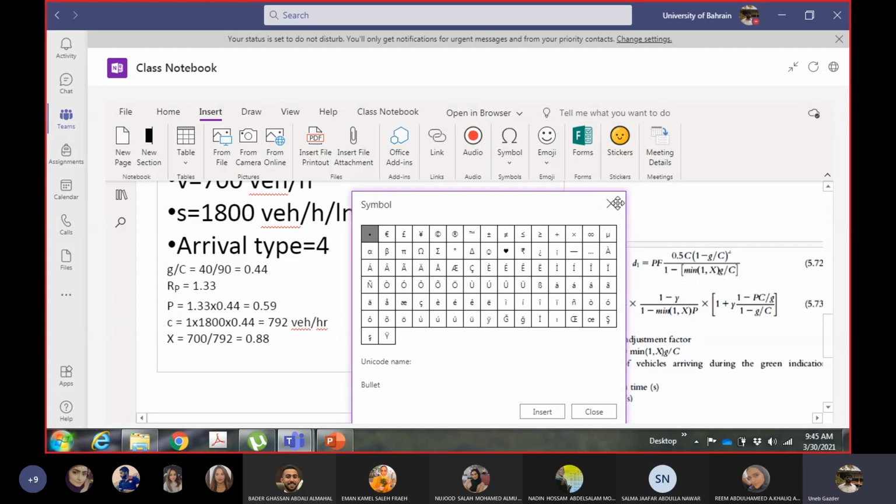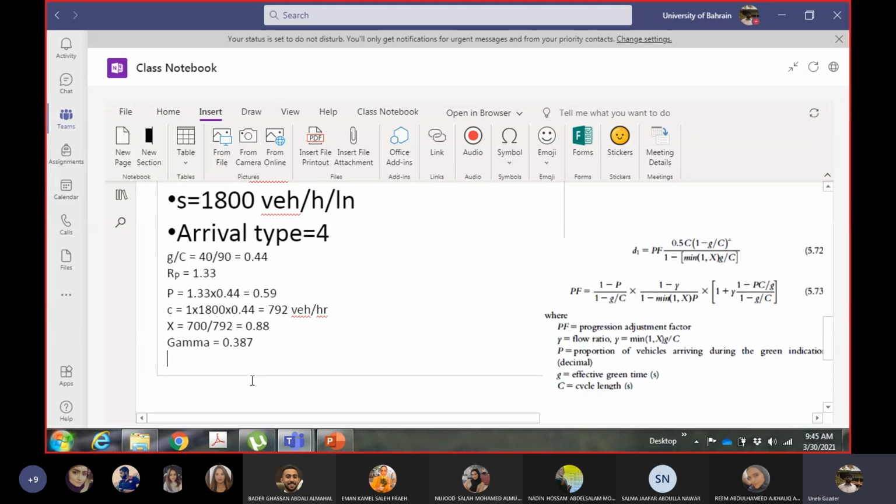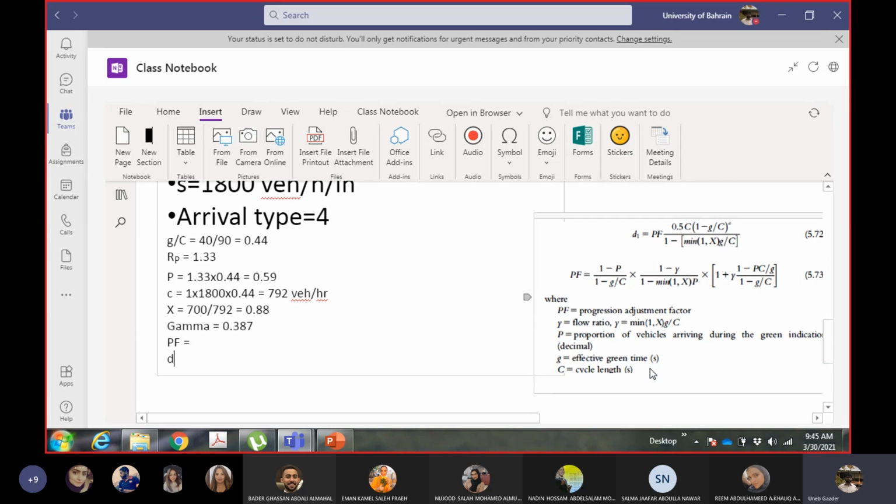I have the symbol, but okay, I'll just write gamma. How much did you say? 0.387. So now you have the gamma as well. The P value is given. Everything is given now. Give me the progression adjustment factor first of all, and then we'll calculate D1 as well.